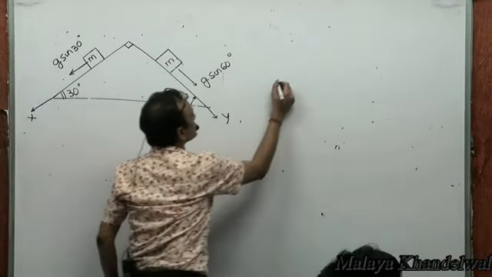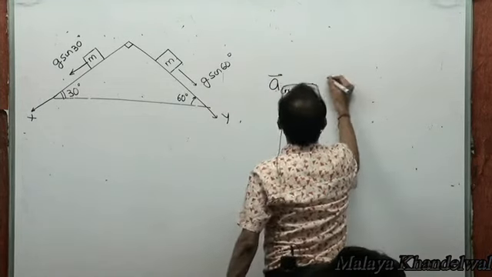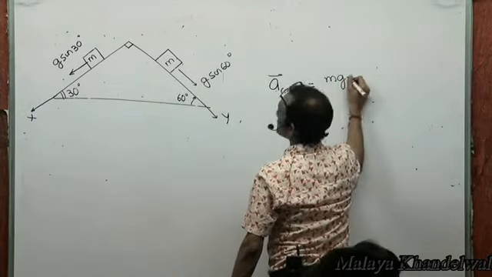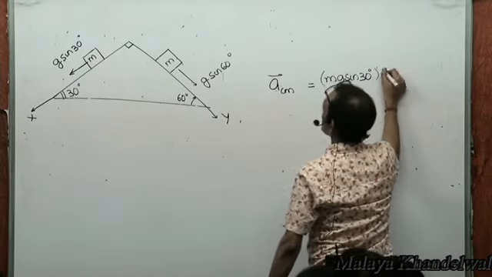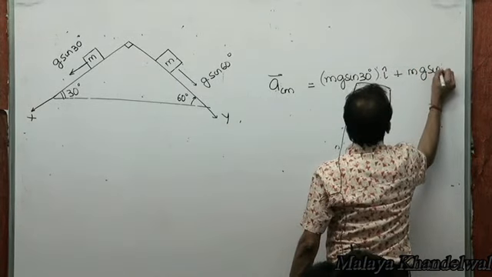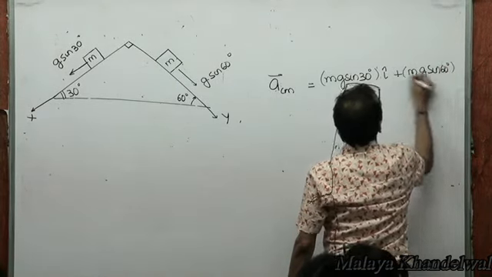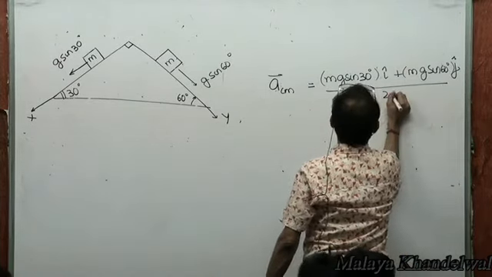So the acceleration of the center of mass is going to be (m1 a1 plus m2 a2) divided by m1 plus m2: m into g sin 30 degrees i cap plus m into g sin 60 degrees j cap, divided by 2m.